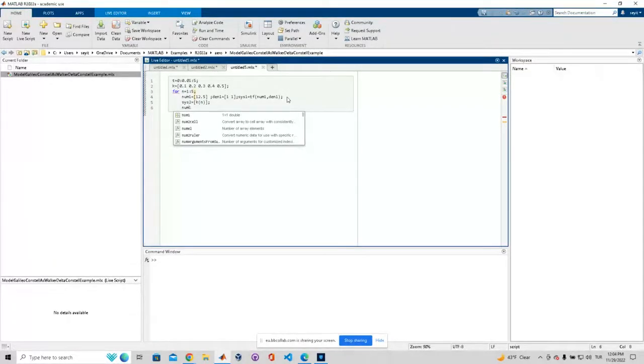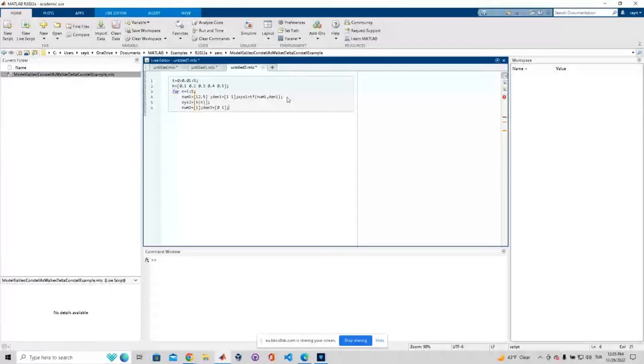Now let's go to our third system. We can define our numerator and denominator, the third one, 0 and 1.